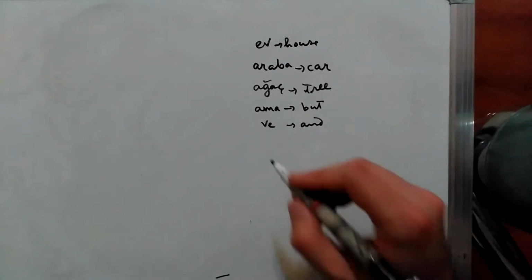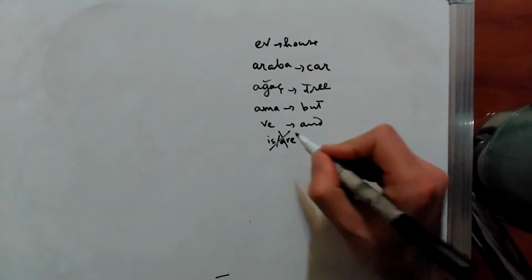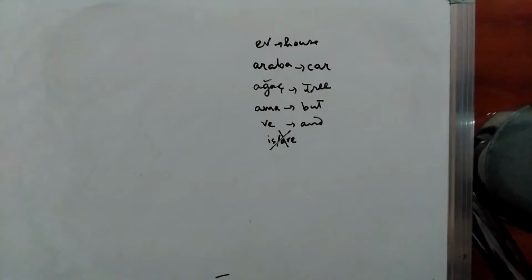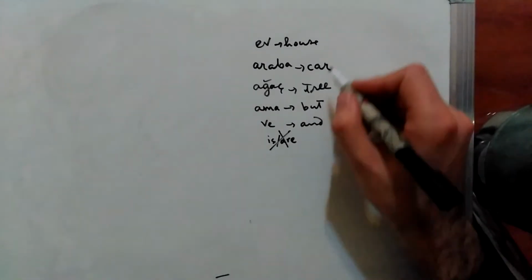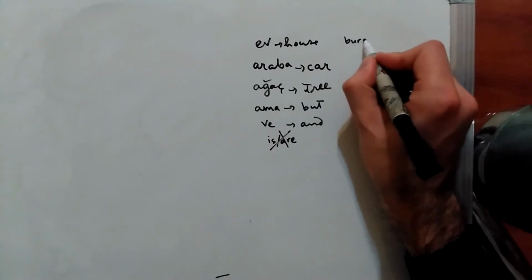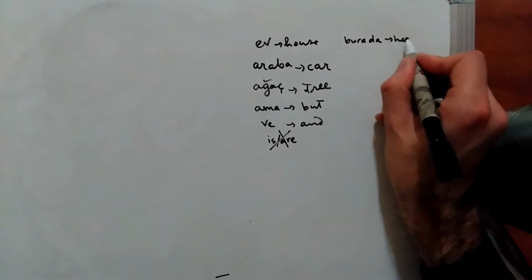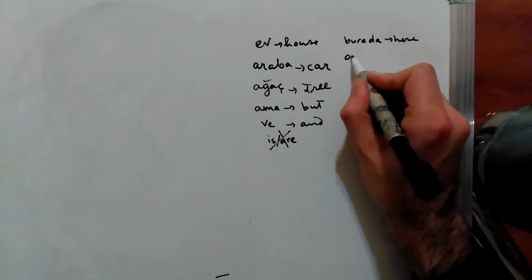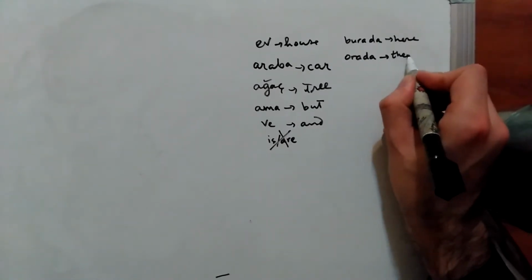As you know, we don't have is or are in Turkish for third person. We don't use anything. And also we learned how to say here, which is burada or burada if you want. And orada, which is there.